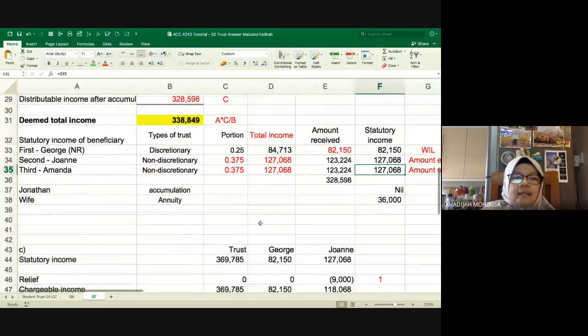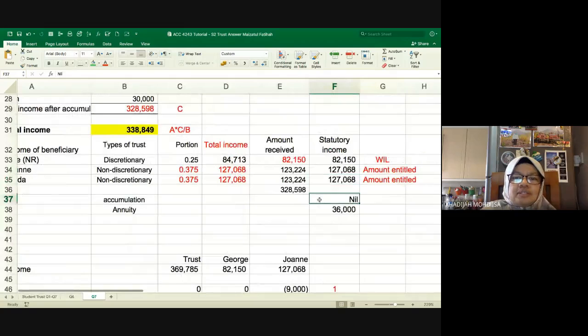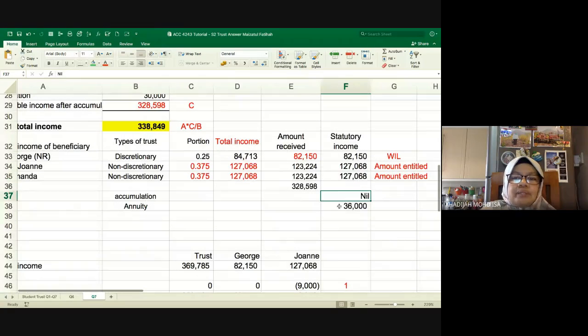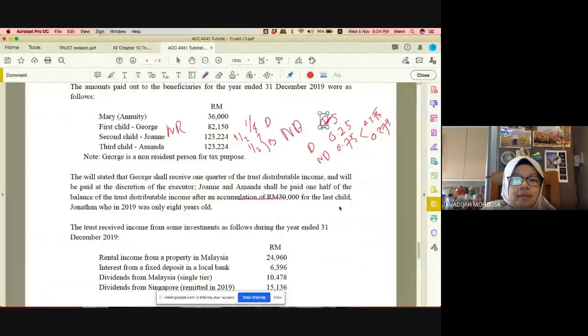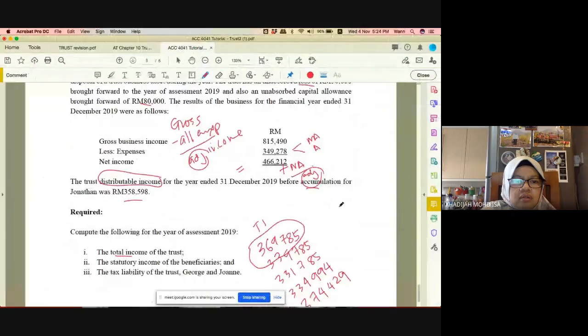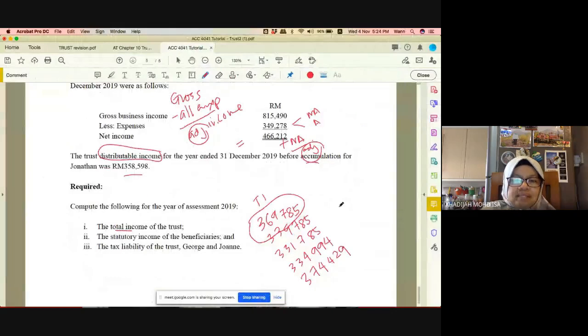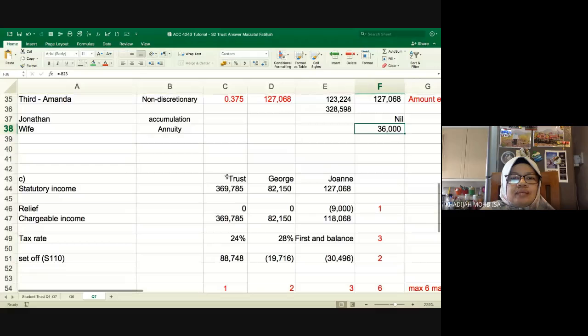And then what else? Jonathan, don't forget you have the accumulation, which is non-taxable. Annuity is taxable on the wife. What about your statutory income or tax liability of the trust? Then you go further, you want to compute the statutory income of the trust.